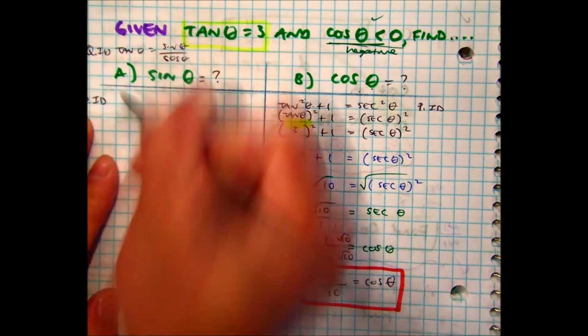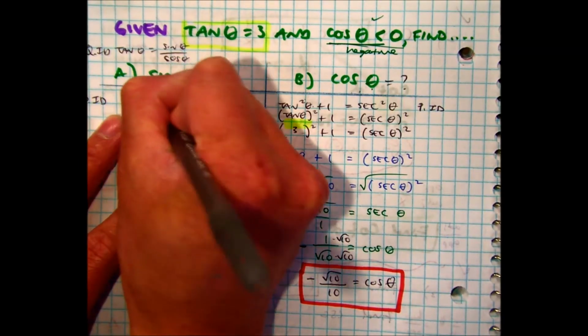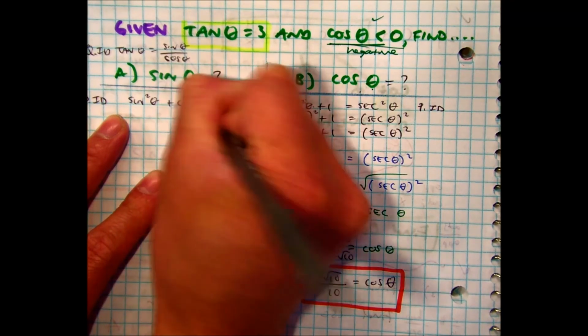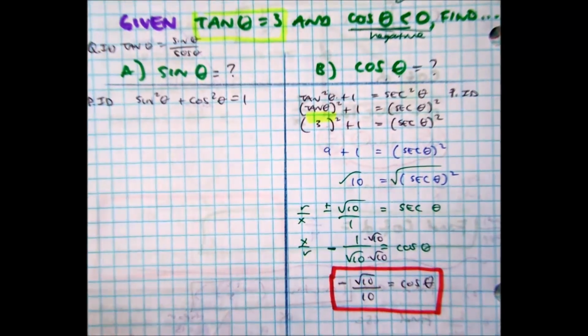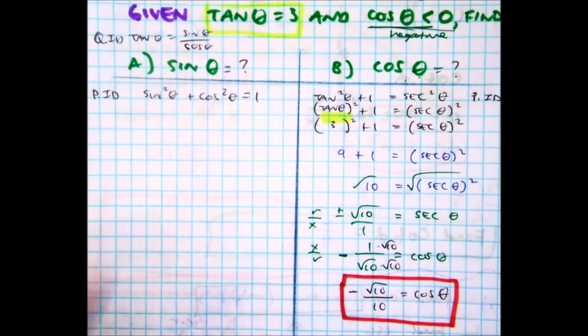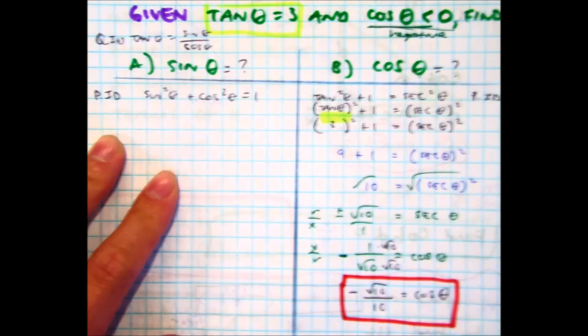Sine squared plus cosine squared theta equals 1. Angel, tell me the Pythagorean identity. Again, you can use the quotient identity, but I'm kind of going away from that because I'm going to have to deal with a fraction and a fraction.